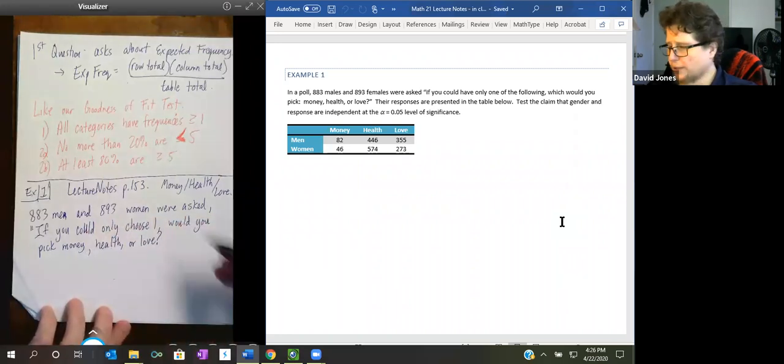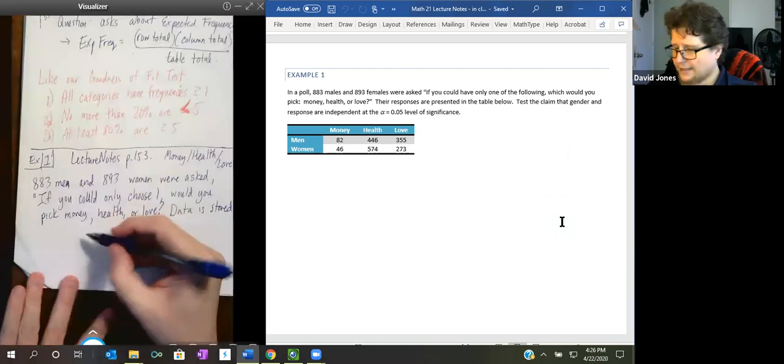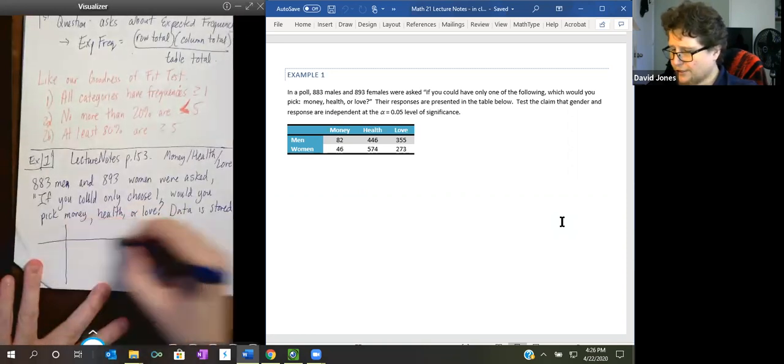And the data is stored in the table. I'll reproduce it here for the lecture notes.